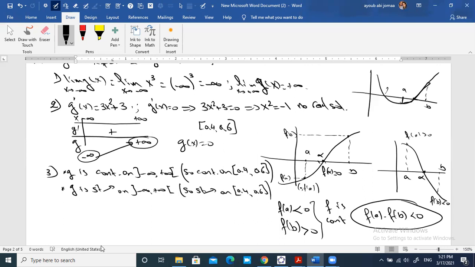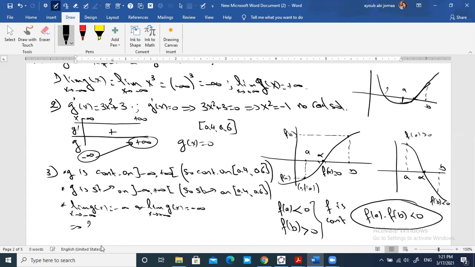A third thing. Here the limit of g of x as x approaches negative infinity is negative infinity, and the limit of g of x as x approaches positive infinity is positive infinity.